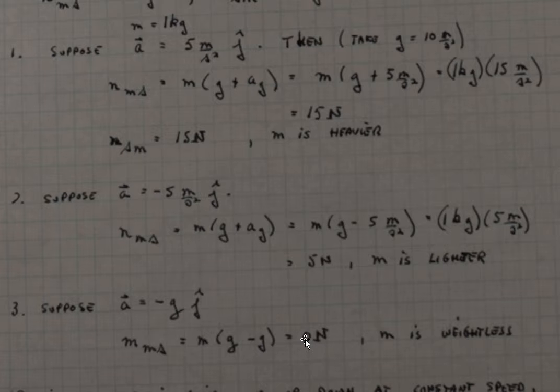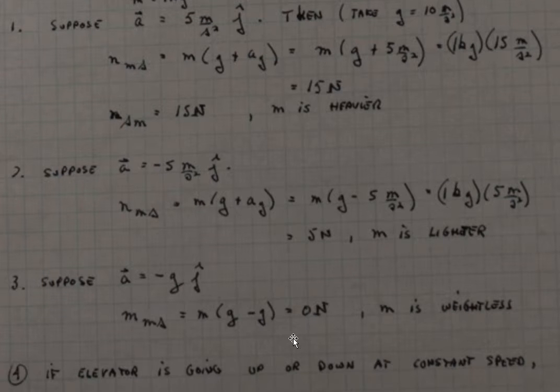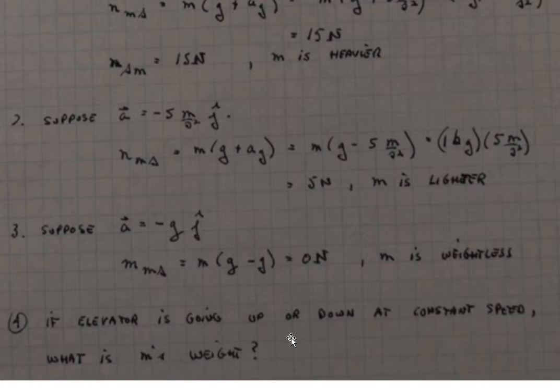And by Newton's third law, that means there's no force that the mass can exert on the scale. And so in an elevator with a cable that's been cut, you would not register any weight if you stood on a scale.